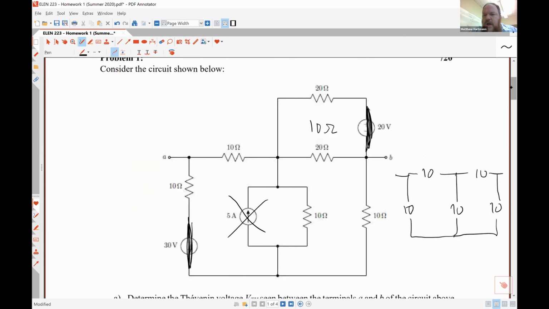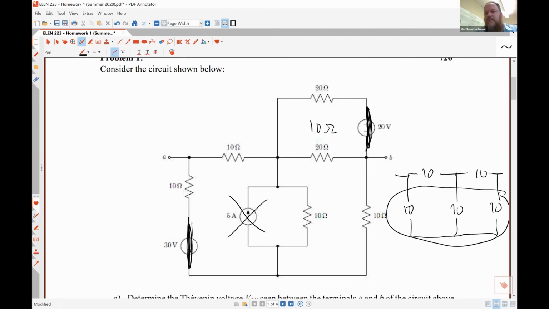Right, yeah. So I will throw some notes up about delta Y transformations, and that will help you figure out how to do that. I know that it doesn't remotely look like a Y-connected network, but there is a Y-connected network down here on the bottom.